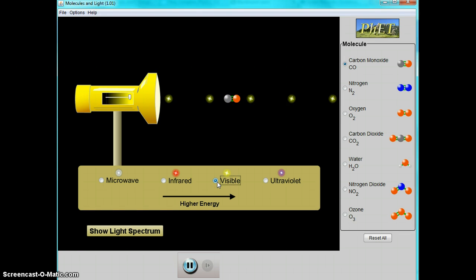Visible light. Every once in a while it'll be absorbed by a different molecule. It just passes through carbon monoxide, passes right through nitrogen, passes right through oxygen, passes right through carbon dioxide, passes right through water, every once in a while getting absorbed and re-emitted by nitrogen dioxide.